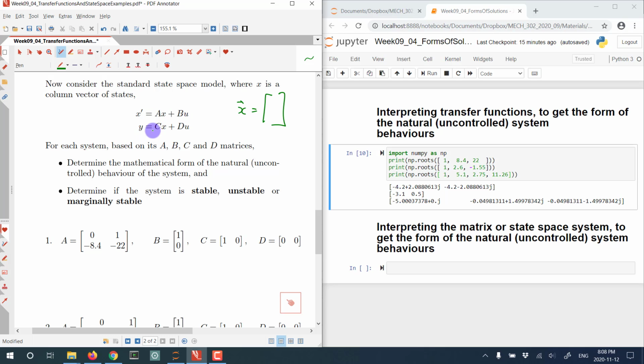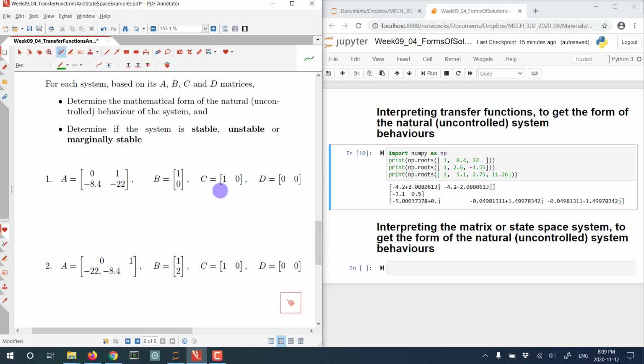So here we'd have four matrices that define the system. Again, x is our state, and it's got the derivative of x equals some a times x plus the control u times b. And then these other factors, again, you'll see those more in a control theory course, but have to do with maybe what you can measure, this value here, y.